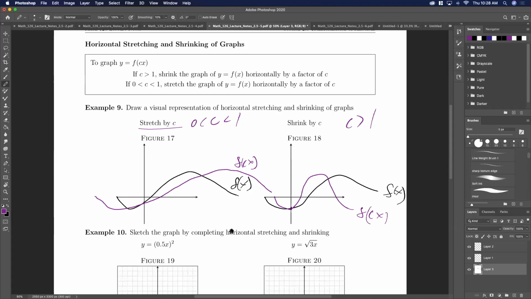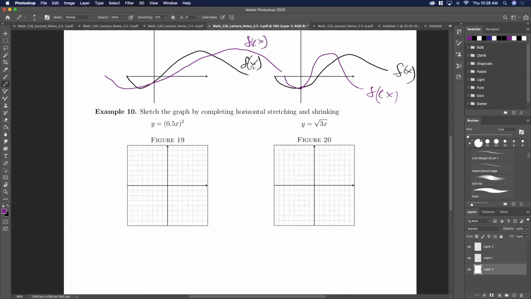I'll show you here with actual numbers to make life easier. So let's go back to numbers. Let's go ahead and draw in our f of x. So this is my f of x, it's equal to x squared.